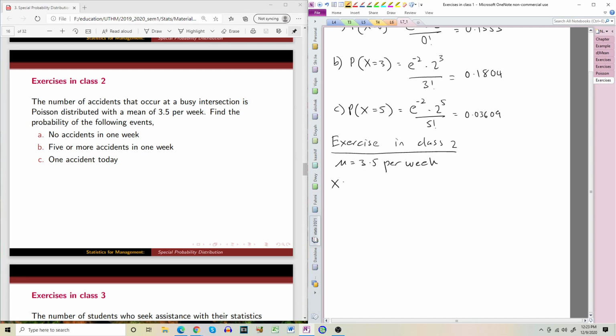Before that, let me define what is X. You can write the statement like this.